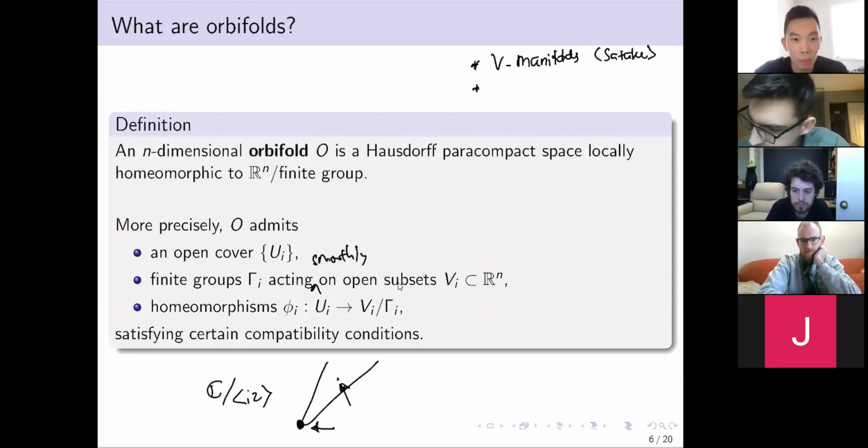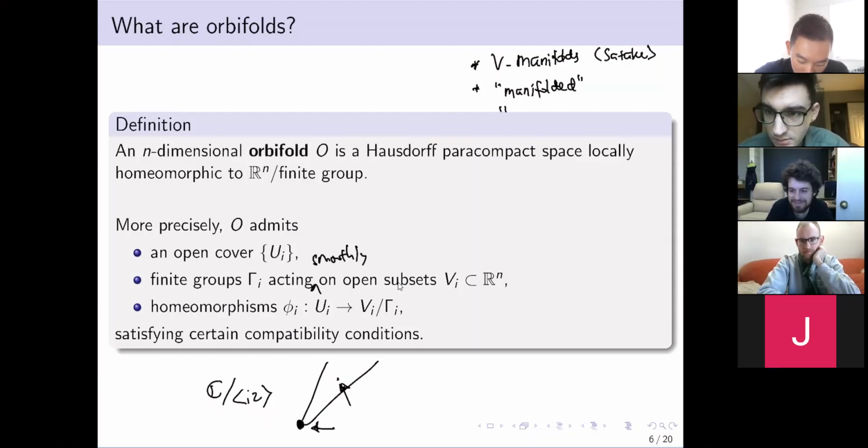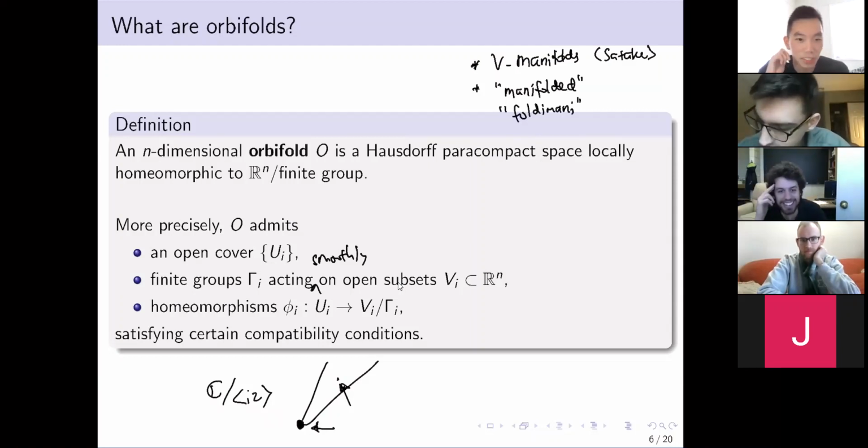At first, he would like to call this manifolded, or even 4D mani. I guess it's not very creative. But then some of his colleagues and students didn't really like it. And then they went through some democratic process. Other people suggested the term origam.